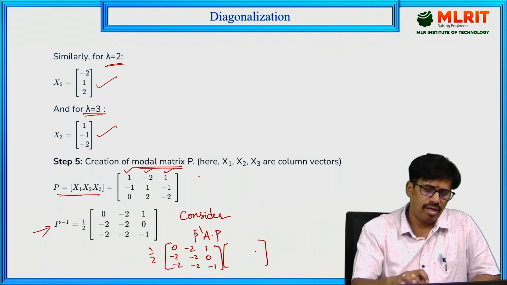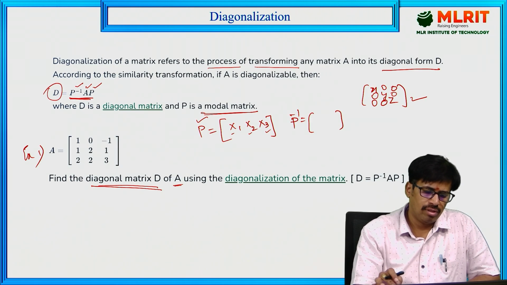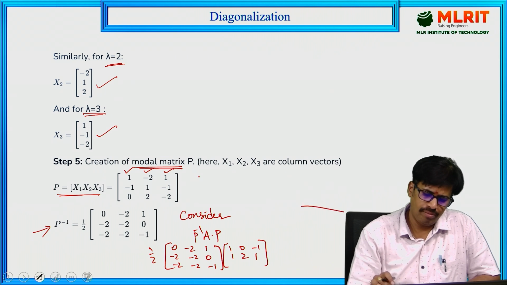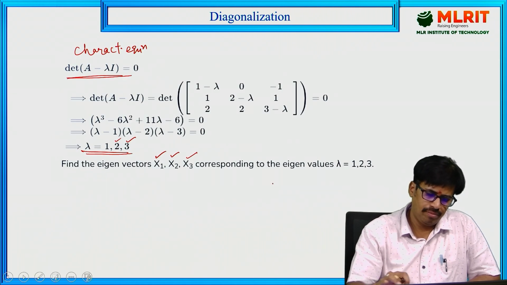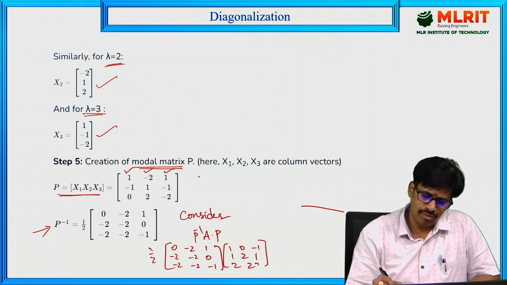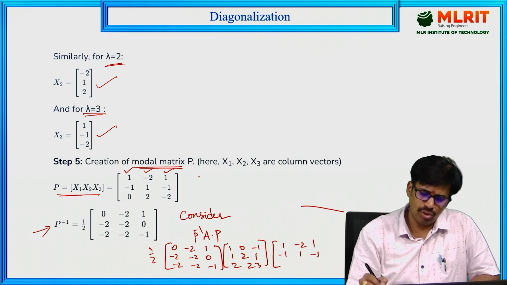What is the A matrix? 1 0 minus 1, 1 2 1, 2 2 3. Then P inverse A into P. The P matrix is 1 minus 2 1, minus 1 1 minus 1, 0 2 minus 2.